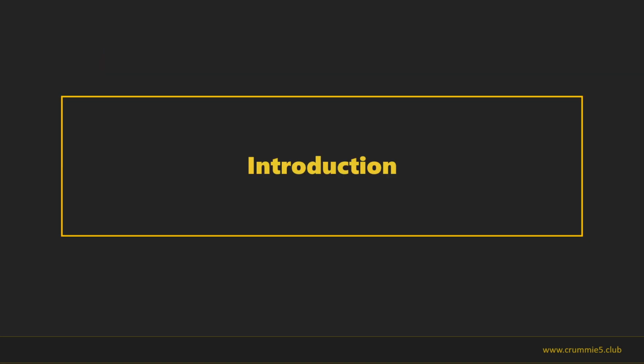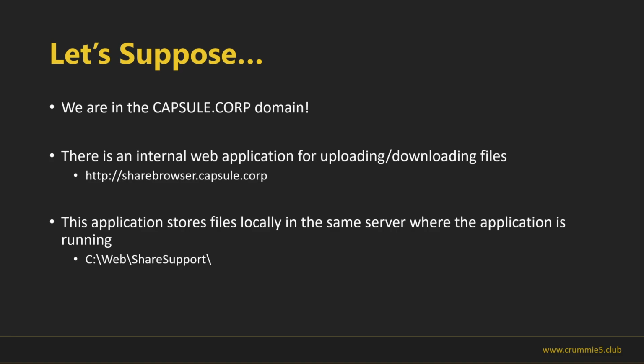So starting with the introduction. Let's imagine we are in an organization, we have an Active Directory domain called capsule.corp. Okay? We have an internal web application, which is serbrowser.capsule.corp. And the goal of this application is uploading, downloading, and removing files.